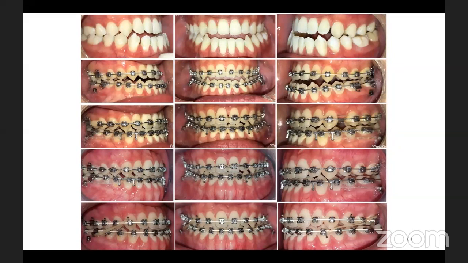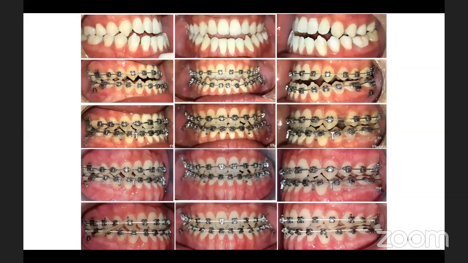So a clockwise rotation of the mandible is always beneficial for a class 3 because it gets your mandible in a slight downward and backward position. We can take advantage of this provided the case is not a high angle from the very beginning.